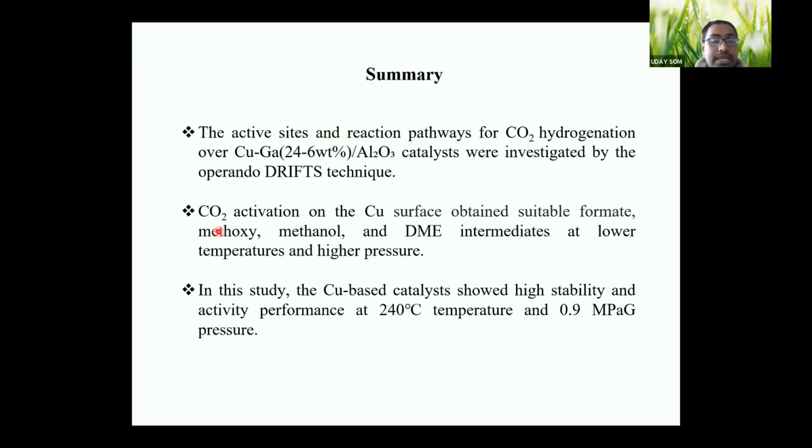After that, carbon dioxide activation on the copper surface obtained the suitable formate, methoxy, methanol, and DME intermediates at lower temperatures and higher pressures. So in this study, the copper-based catalyst showed high stability and activity performance at 240 degrees centigrade and 0.9 megapascal pressure.